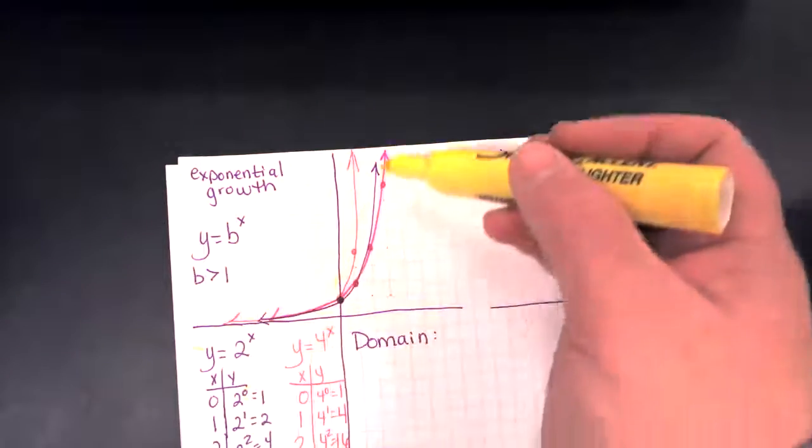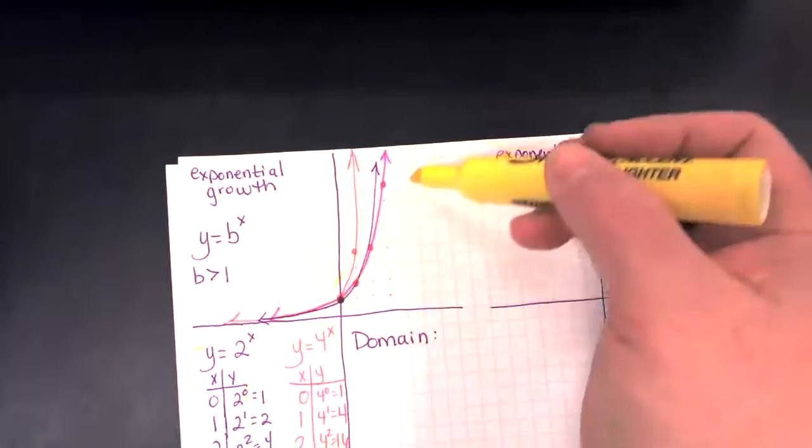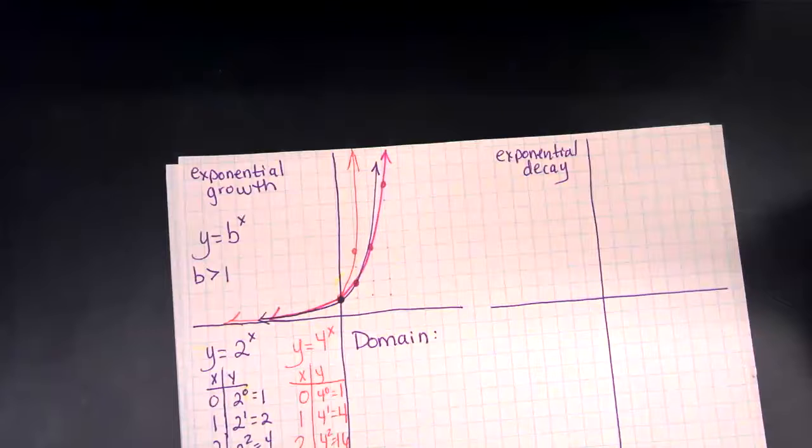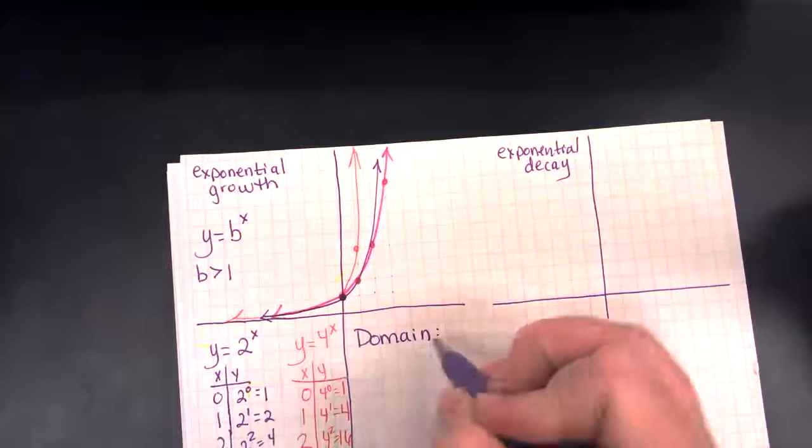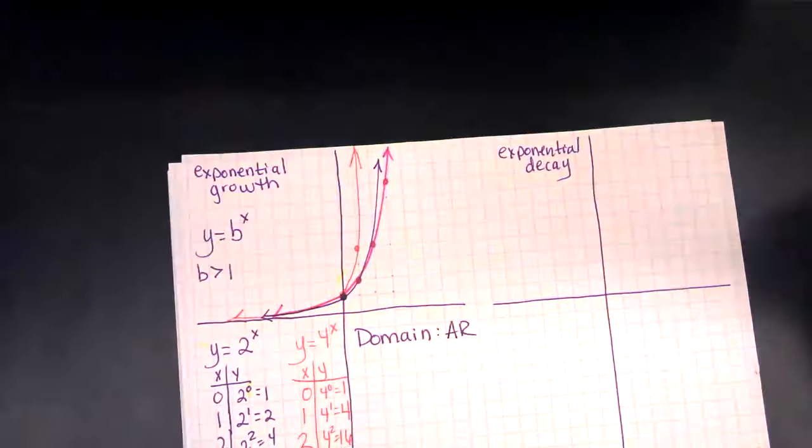And in fact, there's no stopping here. This is going to continue forever and ever. So guess what? Your domain for all of these is all reals. All day, every day. Okay? Your domain is going to be all reals. There is no stopping. You are going to continue out both sides.